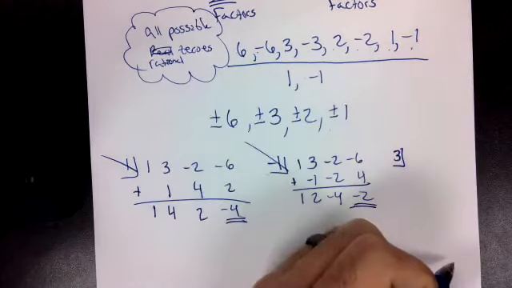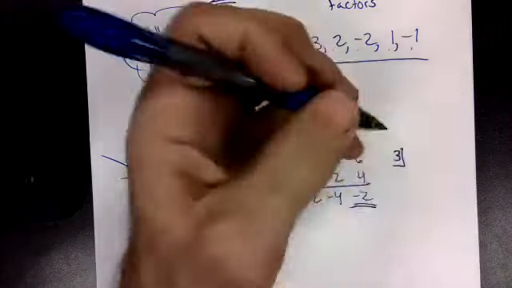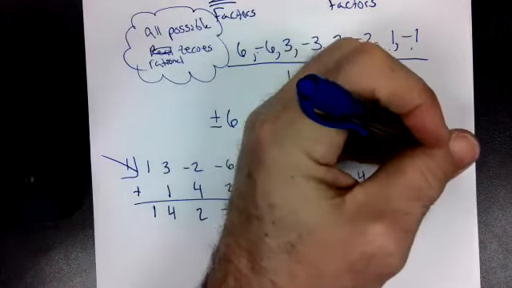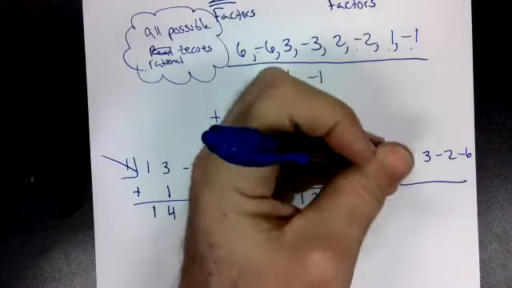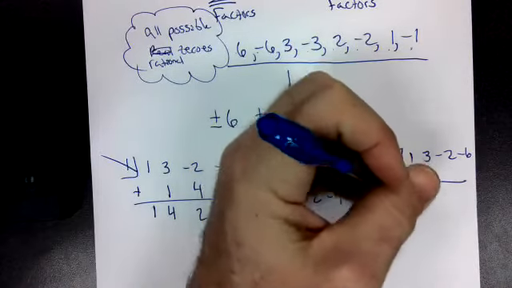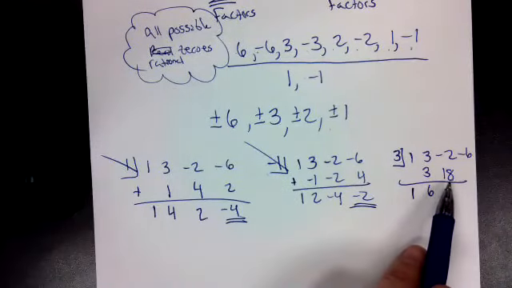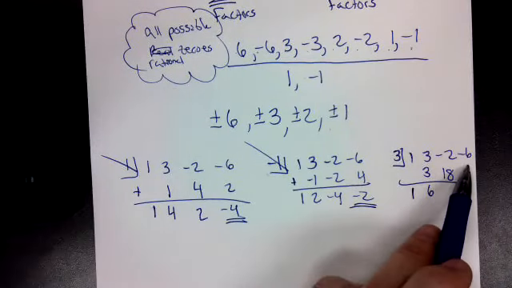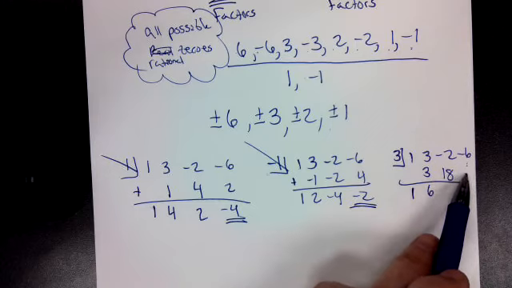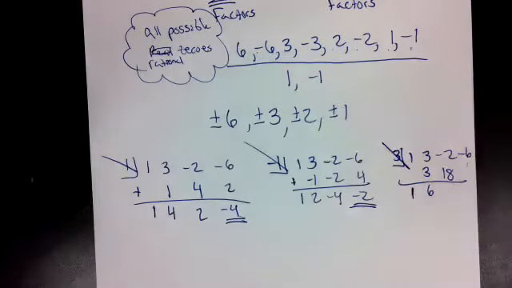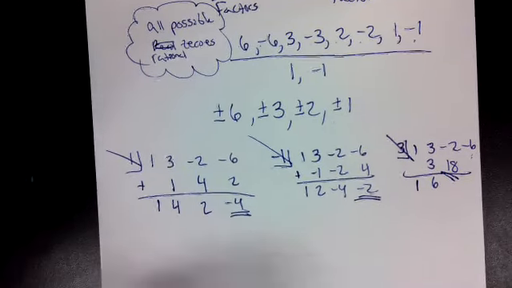All right, I'm just going to start trying something different. I'm going to try 3. Add, multiply, add, multiply. And I'm actually going to stop here. Once I realize I'm at an 18, I'm not going to end up back at a positive 6, which is what's going to make this zero. So I know that's no good. As soon as you realize you're not there, there's no sense in going on.